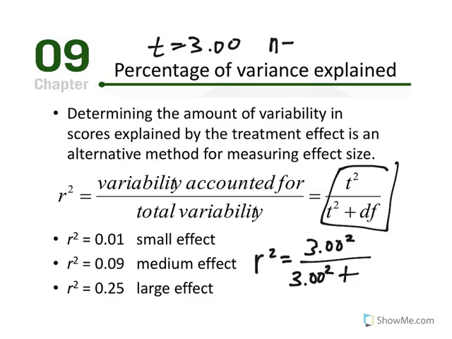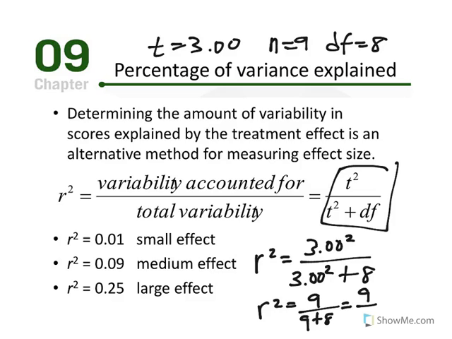Again, our sample size was 9, therefore degrees of freedom, n minus 1, was equal to 8. So we would add this to a value of 8, so we just do our calculations. 3 squared is equal to 9, and this would be 9 plus 8, so 9 over 17.